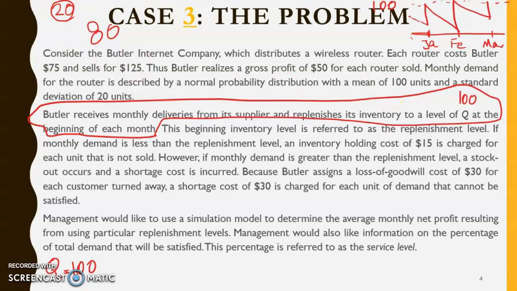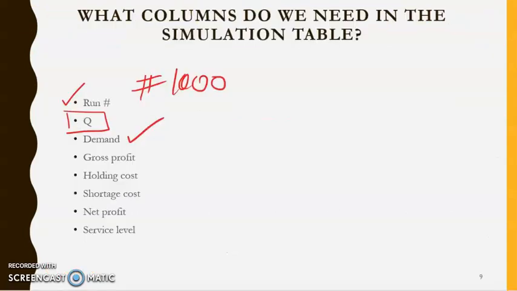So when we have this description of mean 100 and a standard deviation of 20 units, it means that we can handle that column easily. So about the demand, normal distribution of mean 100 and standard deviation of 20.